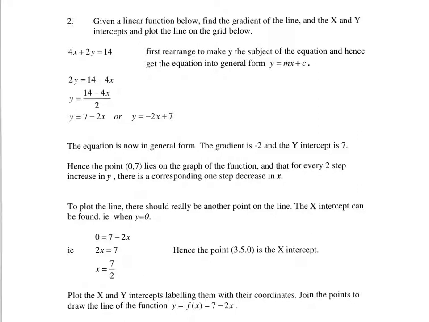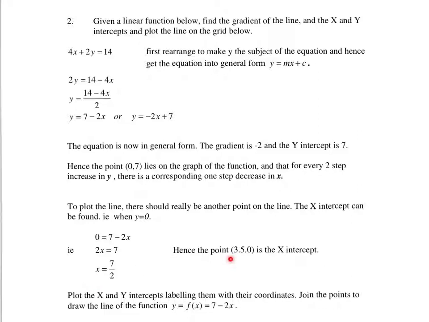So then moving on to find the x-intercept, well, we know that everywhere on the x-axis the equation is y is equal to 0. So then we substitute y is equal to 0 into the equation, rearrange it to solve for x, and we've got x is equal to 7 over 2 or 3.5.